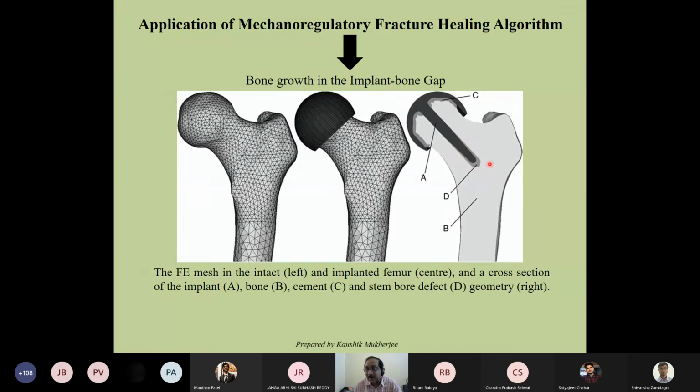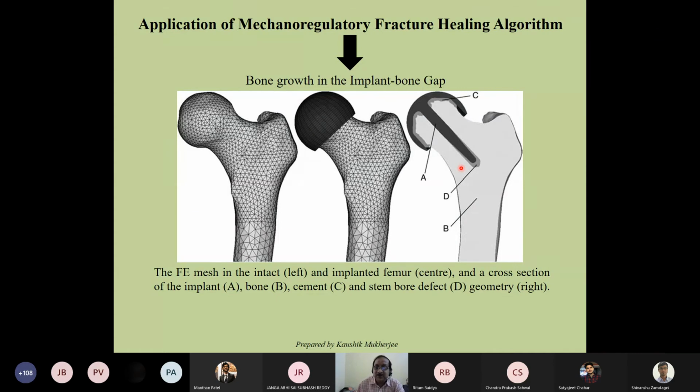There is a gap already, an implant-bone gap. Of course, a gap doesn't remain a gap for a long time because bone tries to grow inside and fill up the gap. Bone is a natural material. It always tries to repair itself if there is any place to repair.